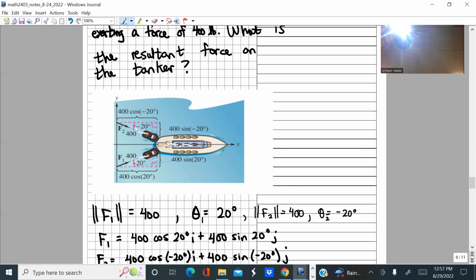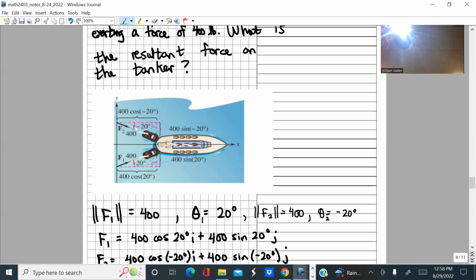So how do we figure the amount of force that's actually being applied to that tanker? The answer here is very simple. You can represent the force applied by the first tugboat as a vector.